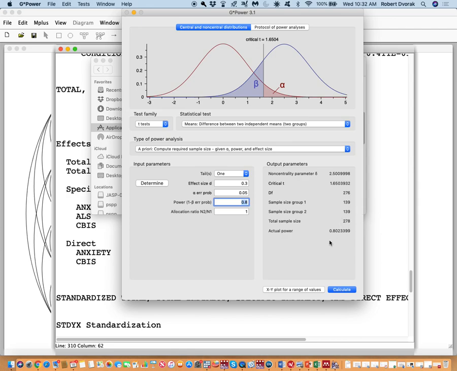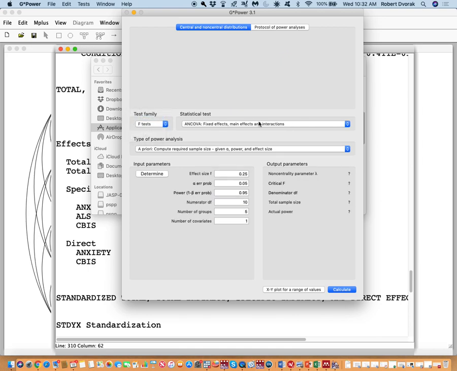Now the problem is we're almost never just doing a simple z-test or a simple t-test. We're almost always doing a more complex model, and we're interested in the power that we have to detect an indirect effect or associations with indirect effects, right? And when you go to write your thesis proposals or dissertation proposals, you're going to specify. So actually, you might just do a regression model, right? So let's do this.